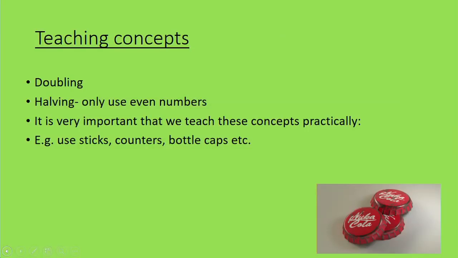Teaching concepts like doubling or halving. Now, it is very important for us to do doubling and halving practically. Again, I use my counters. Let's explain doubling first. Say, for instance, as a teacher, I have a group of counters. I will immediately ask my learner to put the same number of counters.